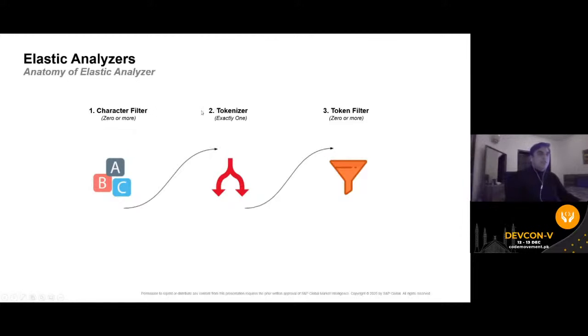Likewise, there can be only one tokenizer, not more than that, not less than that. Likewise, you can have 0 or more token filters depending on the need, but these three things will define how the analyzer will behave, and this analyzer will define how your search will actually perform, or how your search will behave in return. So let's look at some examples.